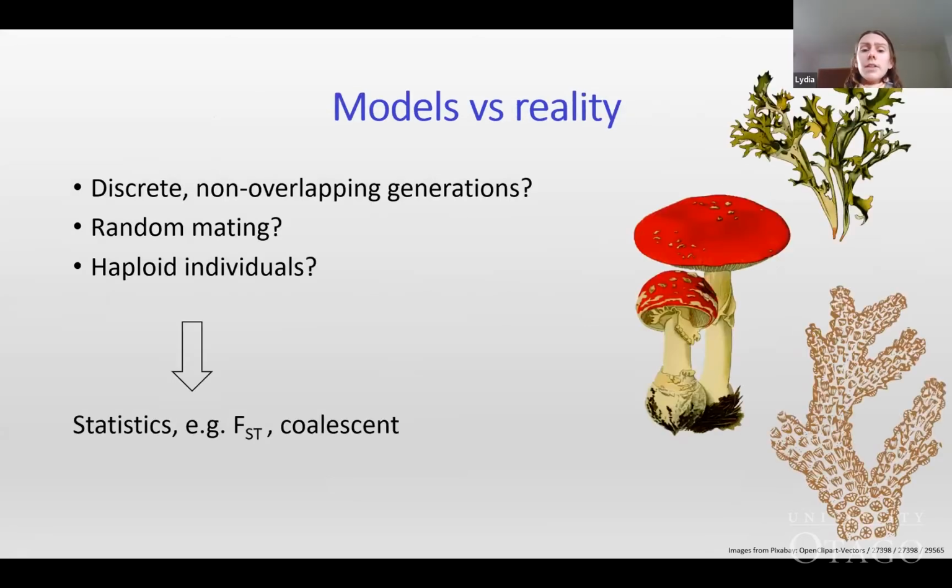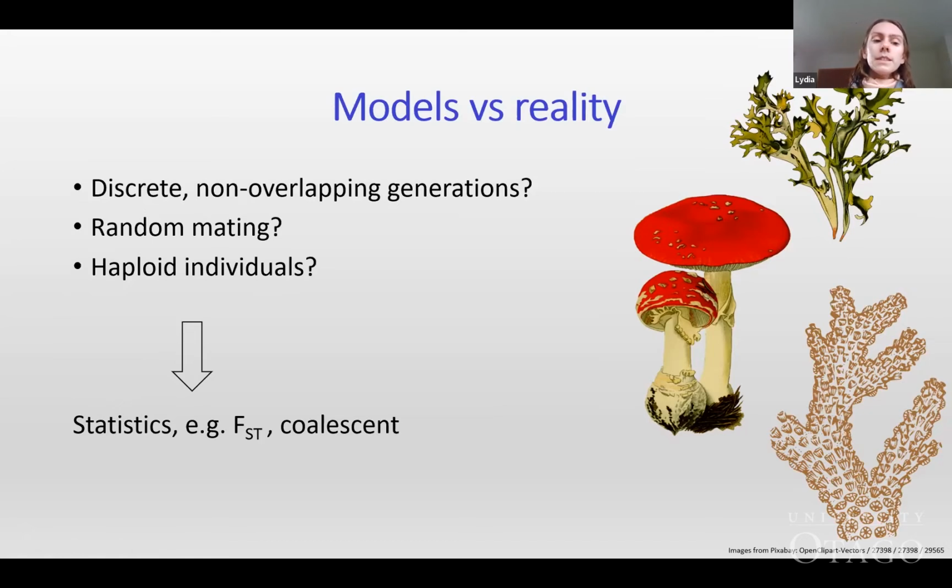The issue is when we're dealing with fungi or with various other organisms, sometimes these assumptions can be quite badly violated. We know that some of our fungi, particularly mycorrhizal ones, can be really long-lived. The mating can be really weird and not random. We have different issues with ploidy and things. And these assumptions lead into the statistics that we calculate and how we're supposed to interpret them.